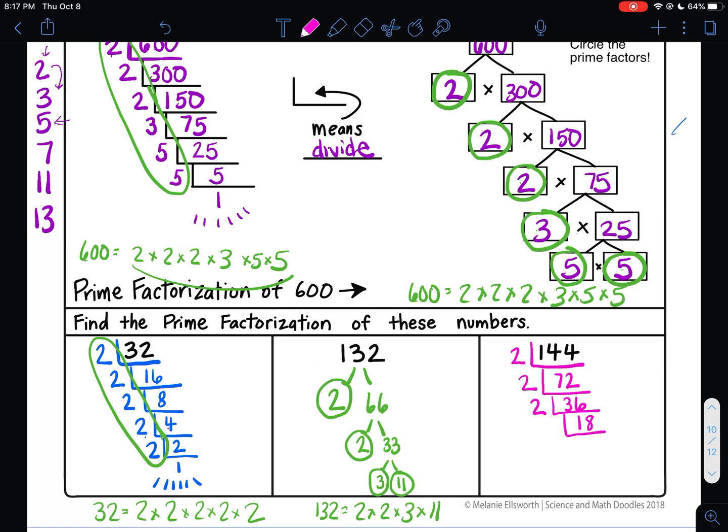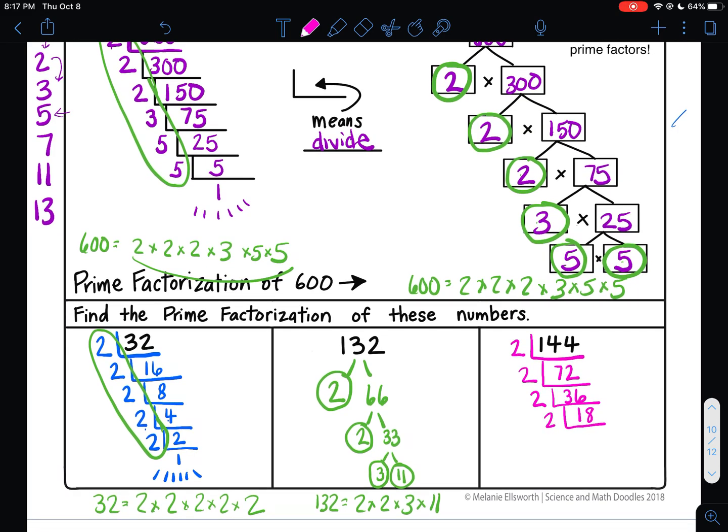Well, lucky for us, 18 is still divisible by 2. 18 divided by 2 is 9. So at this point, 9 is not divisible by 2. So bump up to 3, which 9 is divisible by 3. 9 divided by 3 is 3. And then 3 is divisible by itself, which is 3. And then you get 1, and there's your candle.